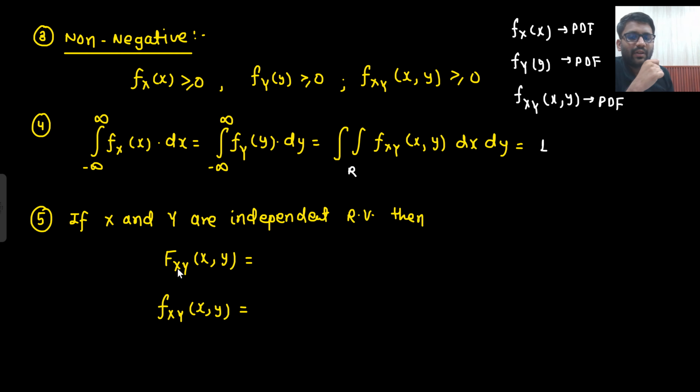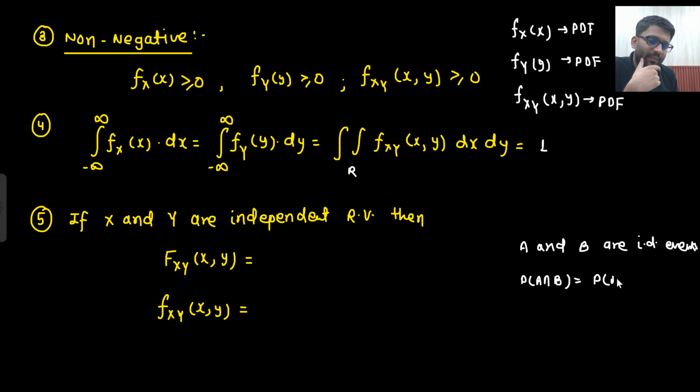Now there is something called independent random variables. Okay. So if A and B are independent events, what was happening? Probability of A intersection B was equal to P(A) times P(B).